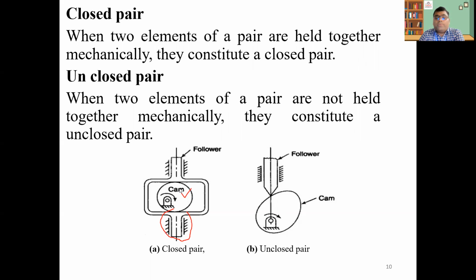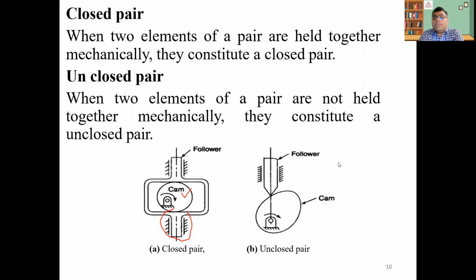When it moves, the follower reciprocates. So this pair is mechanically held together. We do not need to provide any spring or other means to make the contact between the two elements of the pair. So this is called the closed pair.